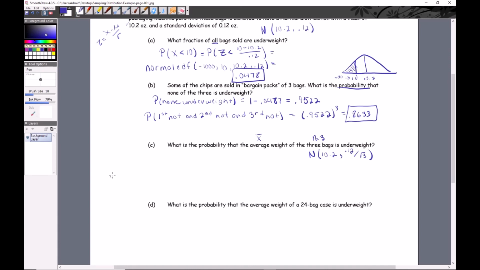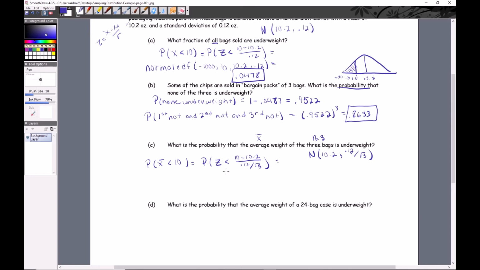Now this is the probability that X bar is less than 10. So this is the probability that Z is less than 10 minus 10.2 divided by 0.12 over square root of 3. That's where things are different.